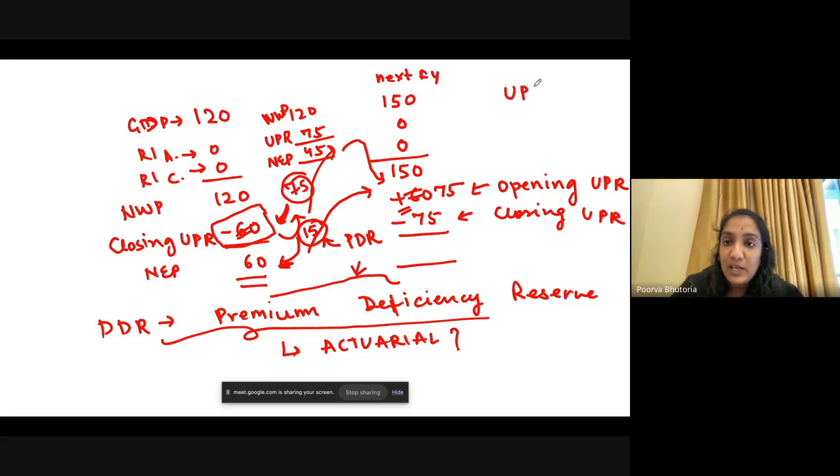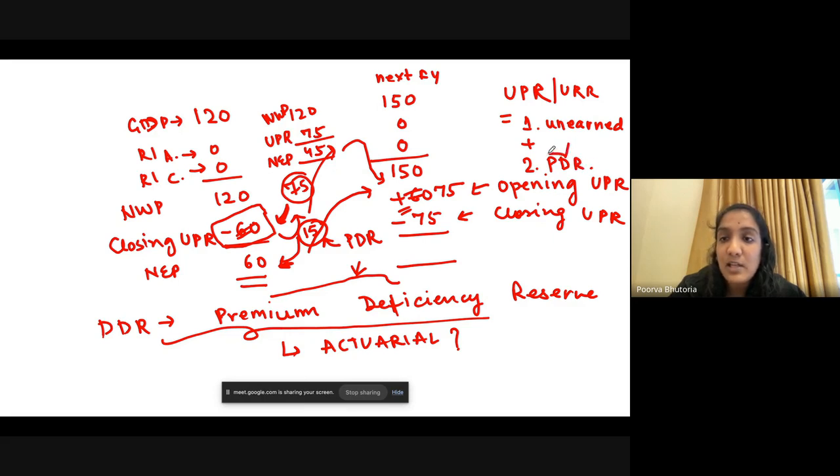So UPR or URR as they call it is made up of, first component is the unearned portion on pro rata basis. There are various methods to calculate it. We'll not go into that for now. So the first component is the unearned portion, and the second one is the premium deficiency reserve.